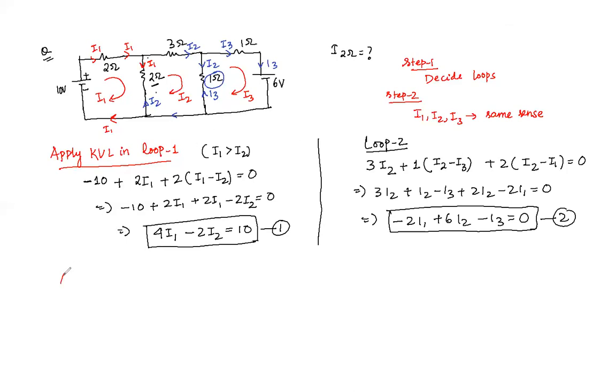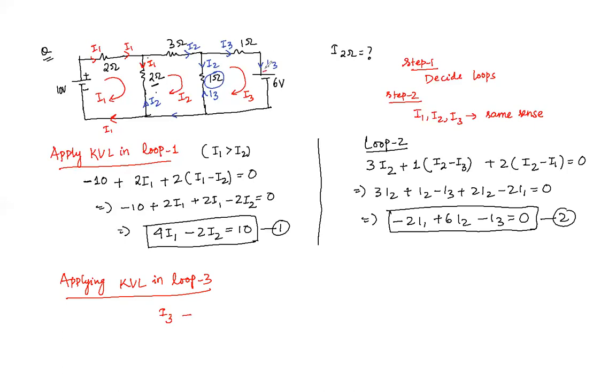So here on the same page I'm mentioning, applying KVL in loop 3. So if I'm going to apply KVL in loop 3, so here I'm going to get it as same. Okay, let's start from here itself. First is I1, 1 ohm. So it is I3.